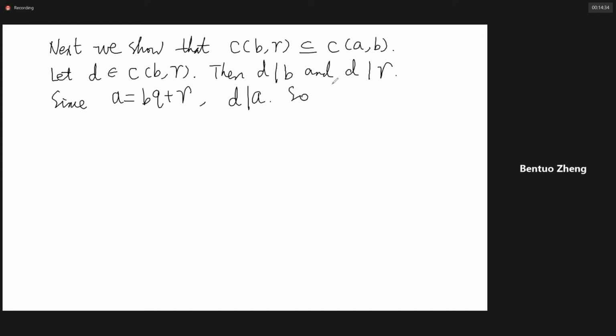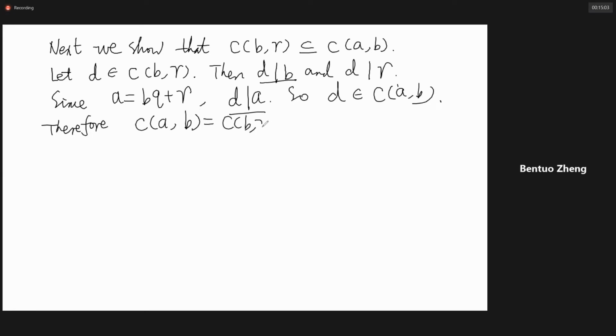So we have D belongs to the set of common divisors of A and B, because D is a divisor of B, and now D is a divisor of A. So therefore, we have C of AB is equal to C of BR.